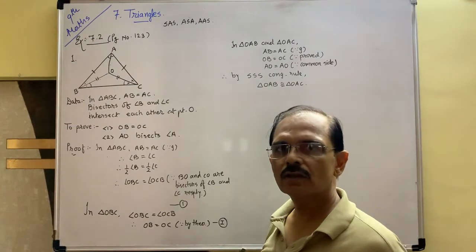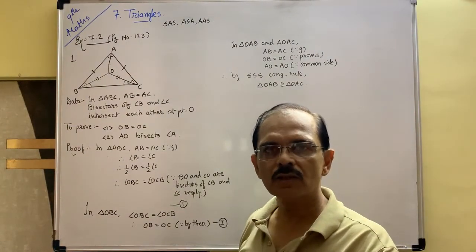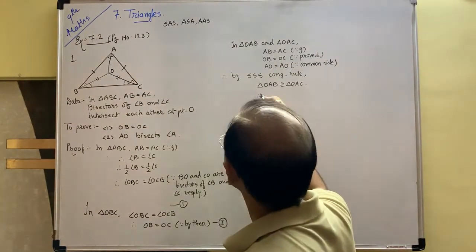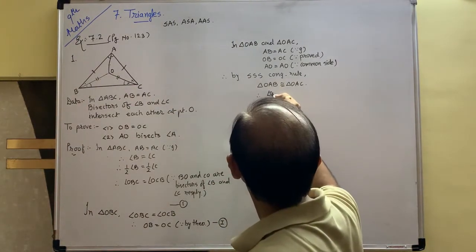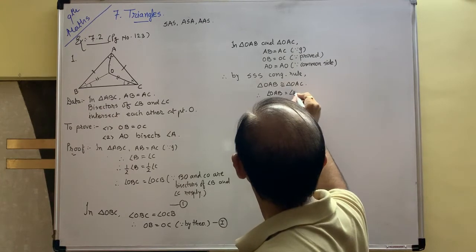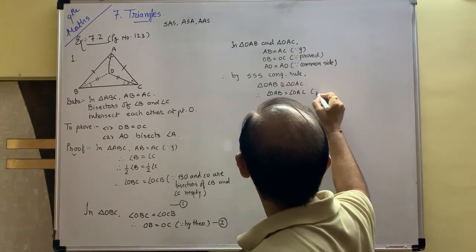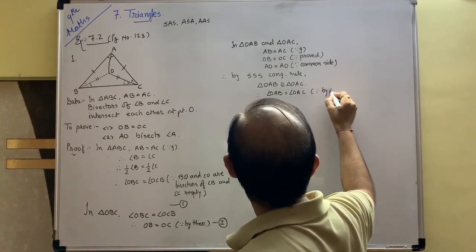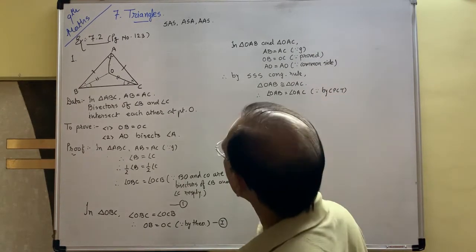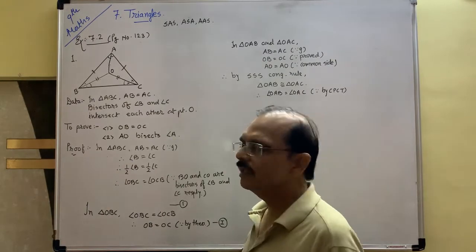If two triangles are congruent, then their corresponding parts are also congruent. So angle OAB equals angle OAC by CPCT.